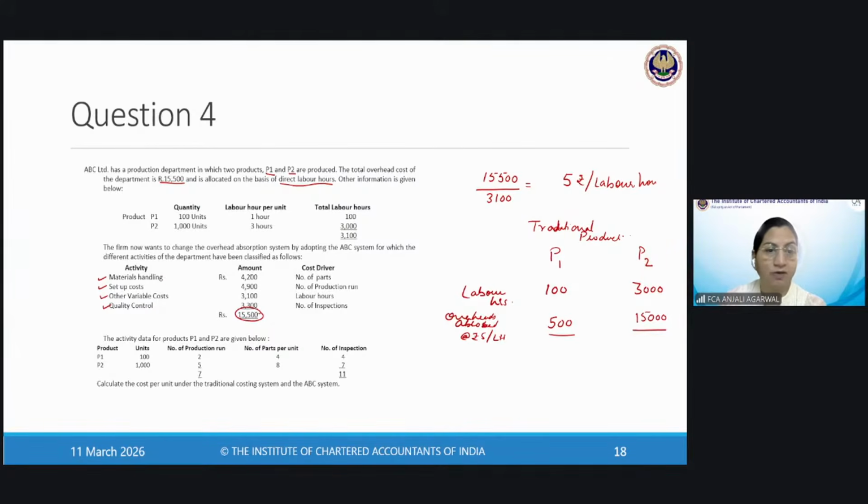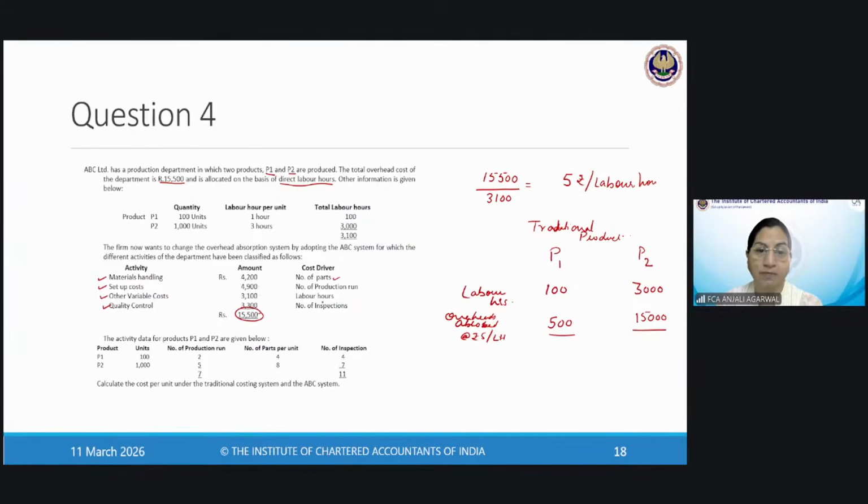Now material handling cost comes out to be 4,200. And when you are handling the material, the cost driver is directly related to the number of parts or maybe material requests that have come for P1 and P2. So 4,200 is dependent upon the number of parts. Setup cost is dependent upon the number of production runs.